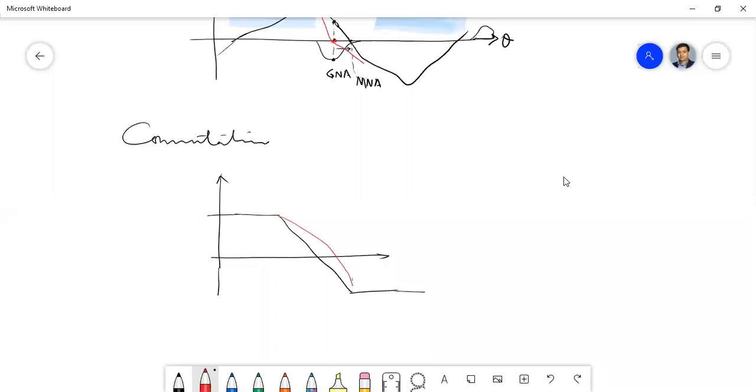Okay. So this is the delayed commutation, or it is called the under commutation. That is due to the inductance.